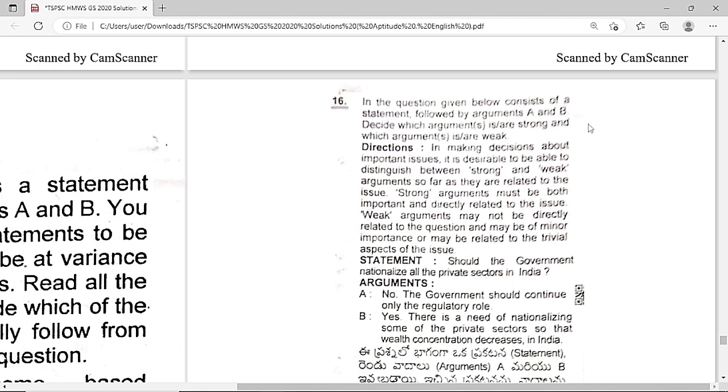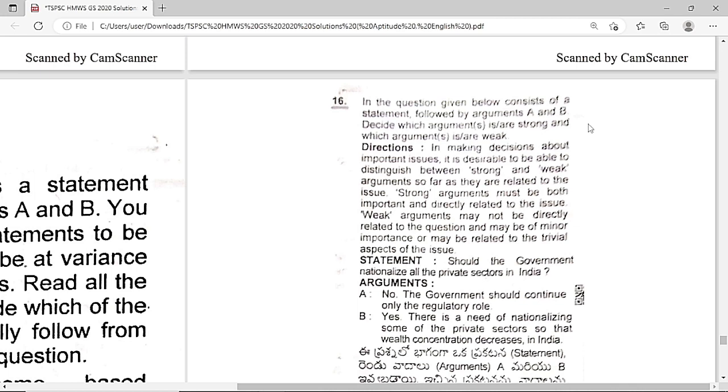Strong arguments must be both important and directly related to the issue, whereas weak arguments may not be directly related to the question and may be of minor importance or may be related to the trivial aspects of the issue. So basically, what do strong arguments mean? They are directly related to the statement, whereas weak arguments are not so directly related to the statement and may be of minor importance or related to trivial aspects of the issue.